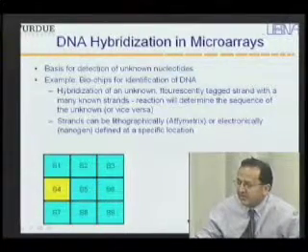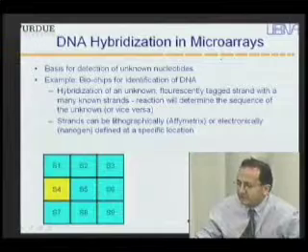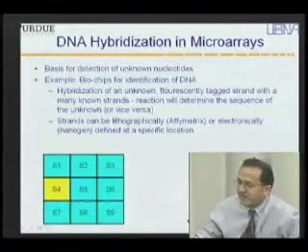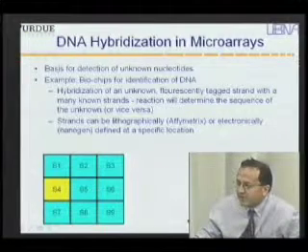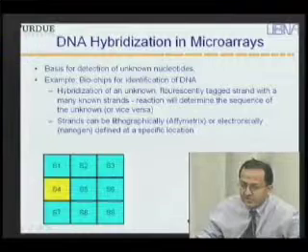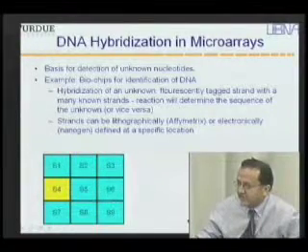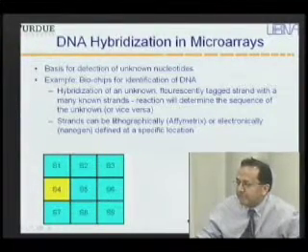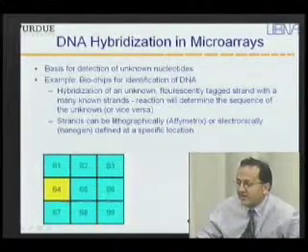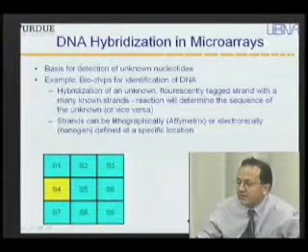These microarrays are really a basis for detection of unknown nucleotides, unknown genes, or unknown short strands of DNA. The idea is that you want to do hybridization of an unknown fluorescently tagged strand with many known strands. And again, the reaction will determine the sequence of the unknown.